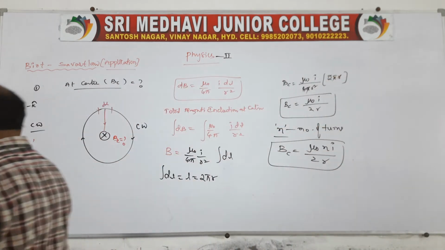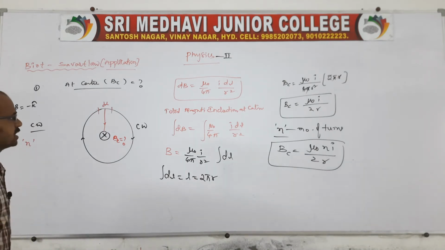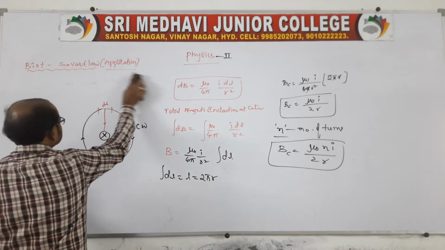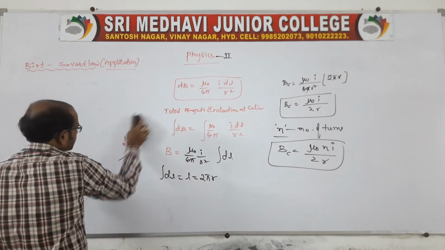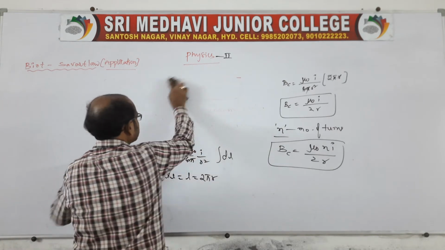Now I want to say the second derivation, that is about the magnetic induction due to a circular coil which is carrying a current in the anti-clockwise direction. What happens? There we may get the magnetic induction out of the plane of the paper. So by using that, again we need to find the magnetic induction.